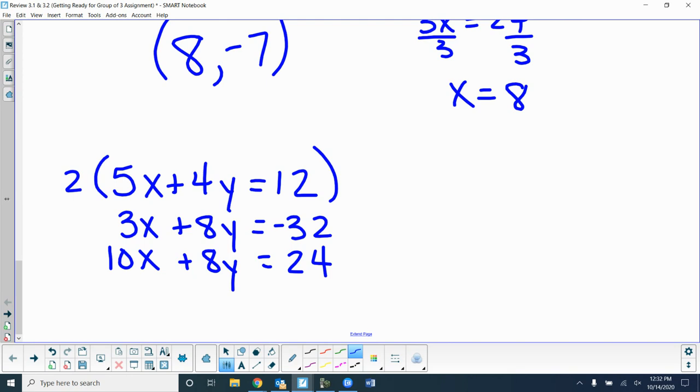Joey: Do you have to put the 3x on the bottom of the 10x? No, you don't have to. It doesn't matter what order. What if you subtract them? Still doesn't matter. You'll just get your signs and it'll work out the same way. That's a good question. Any other questions? Since the 8s have the same sign, I'm going to subtract.